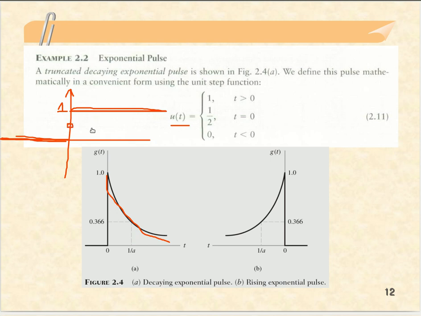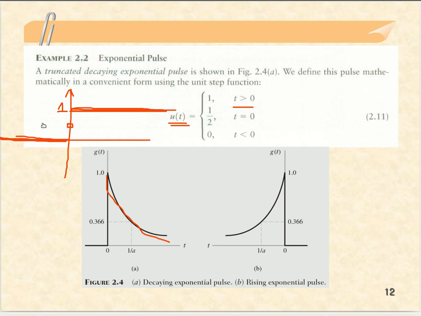This is a function we call the unit step function, and we refer to it by u of t. It is 0 before and 1 after 0 to infinity. We usually make it 1, but in this book they define it as 1 over 2, 0.5 at 0.